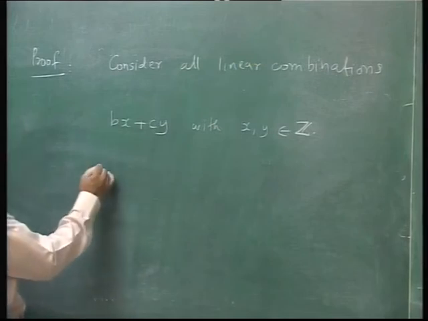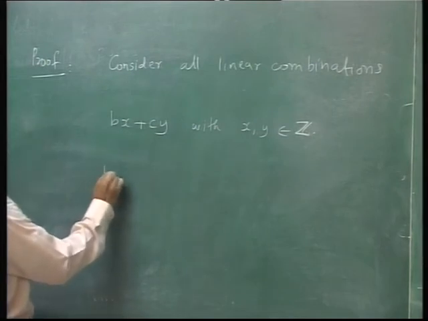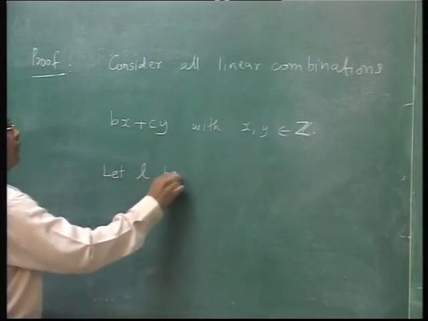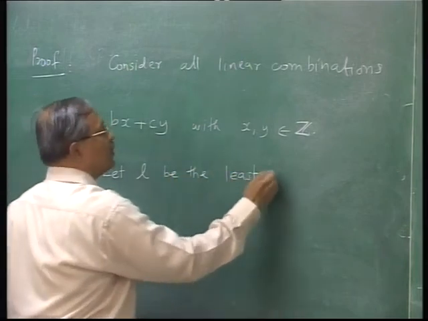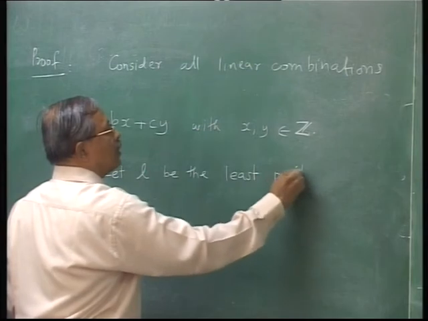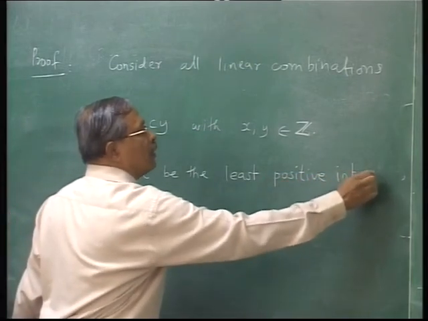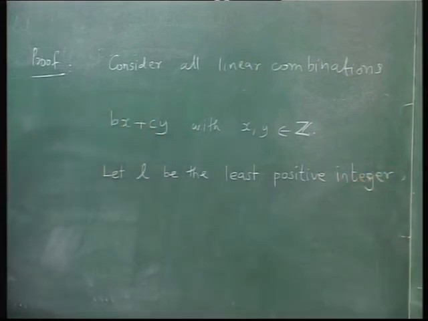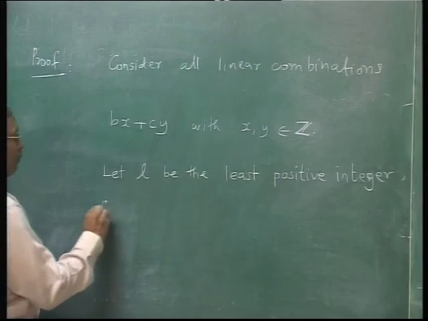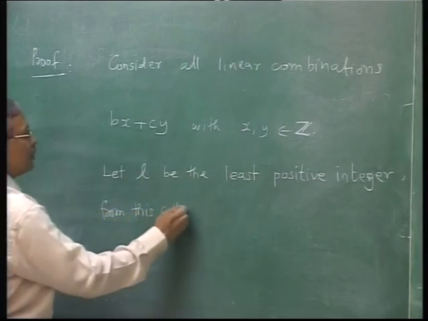So let L be the least positive integer from this collection.